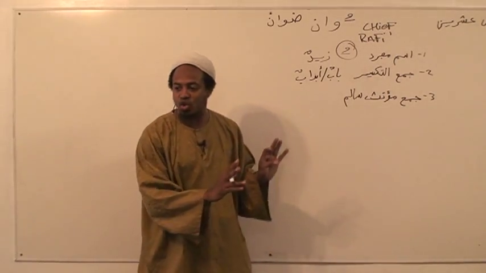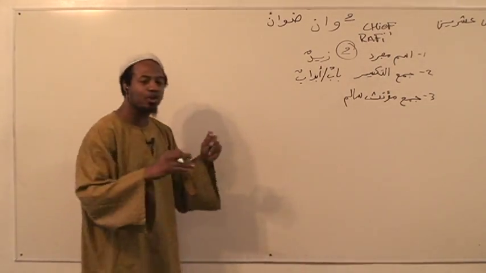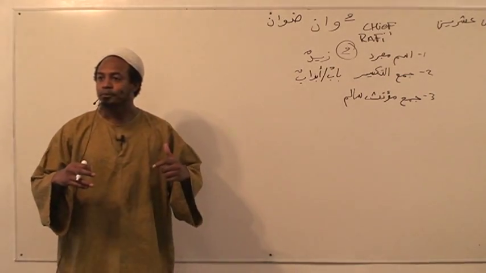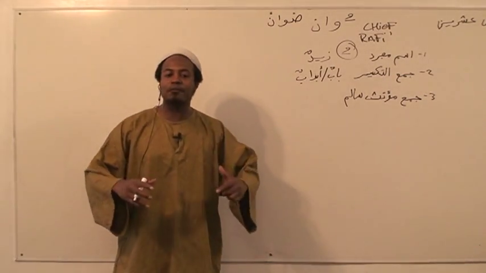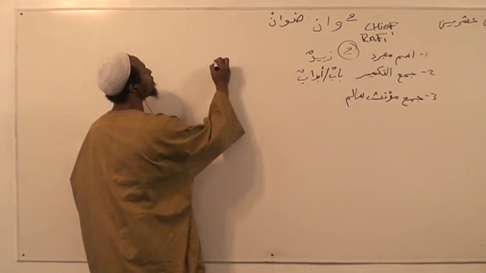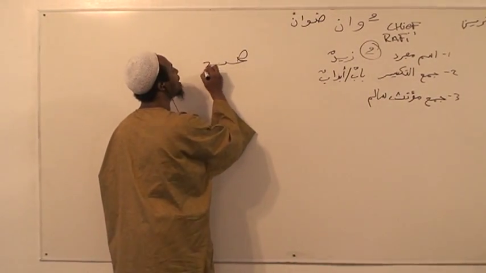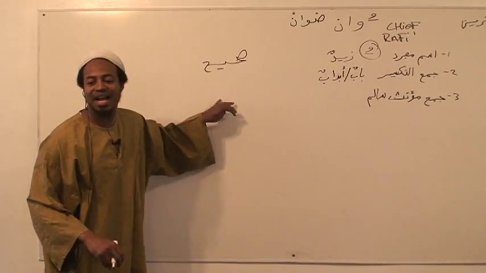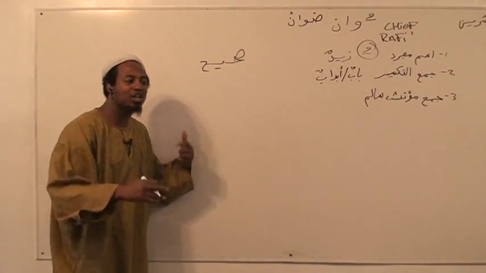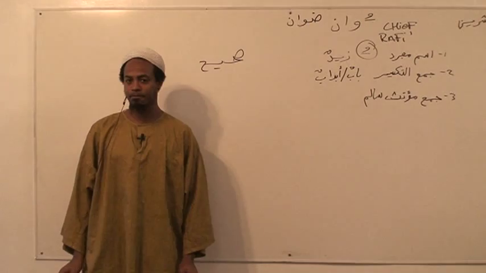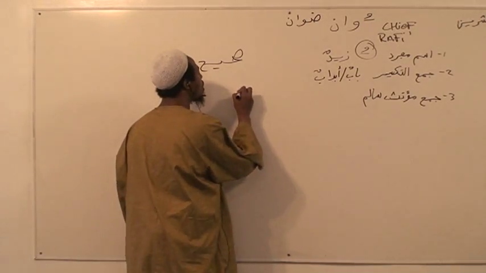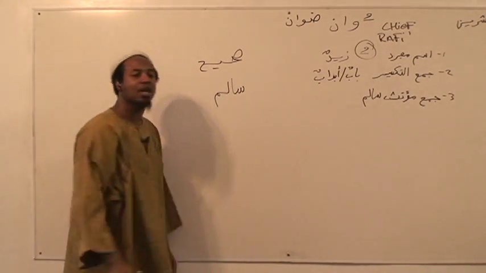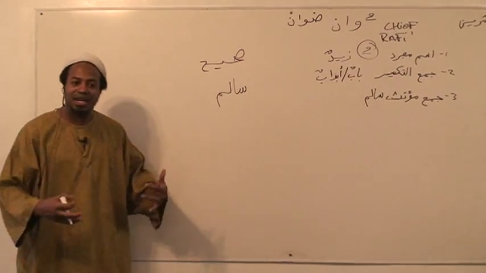Then we say salim. Salim is a term I want to talk about just for a second in regards to the concept of being sound. It's the same thing we find when we say a hadith is sahih. If we say a hadith is sahih, this literally means that it's healthy. When we say a word is salim, this literally means it's at peace, it's safe.